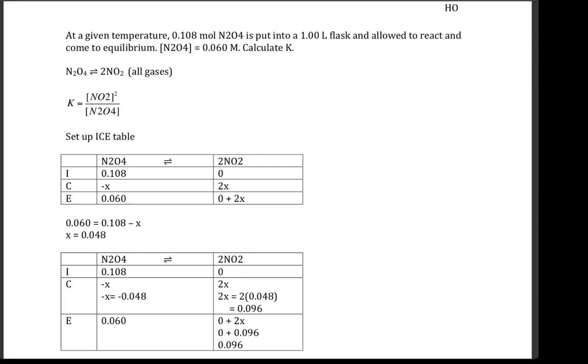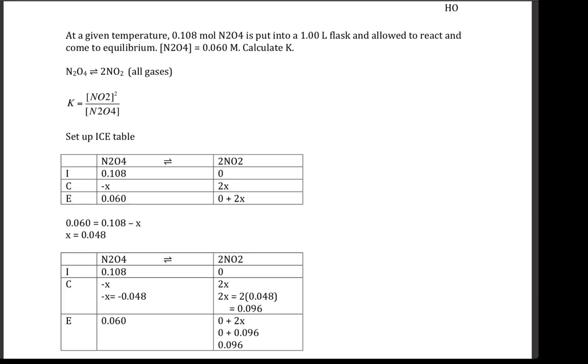We set up the ice table as we did with our other problem. For the N2O4, we have a negative X for it. We have for the NO2 a positive 2X. Since we have the equilibrium value and the initial value for the N2O4, we can calculate what X would be.